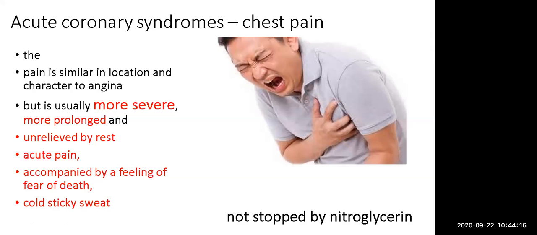Because thrombosis is happening in the vessels. The coronary artery is blocked by thrombosis, and there is no supply to the region of the heart. In chronic ischemia or chronic coronary syndromes, or in angina, there is a little bit of supply to the heart, but in these situations there is a complete stop of supply to parts of the heart.